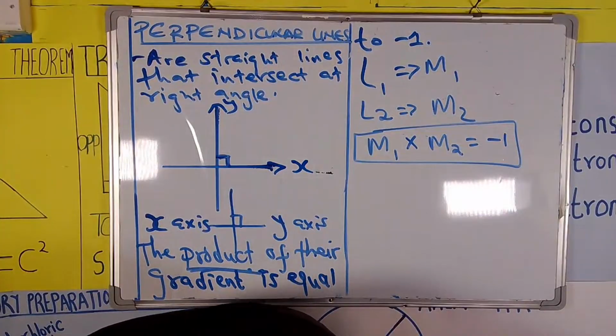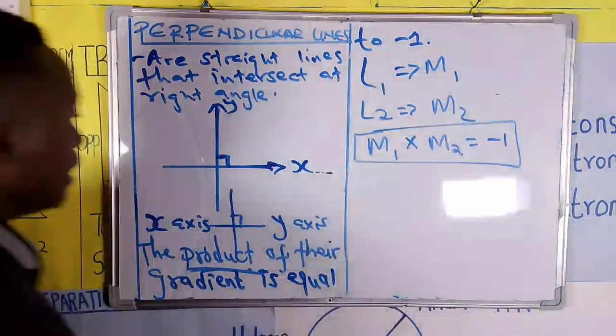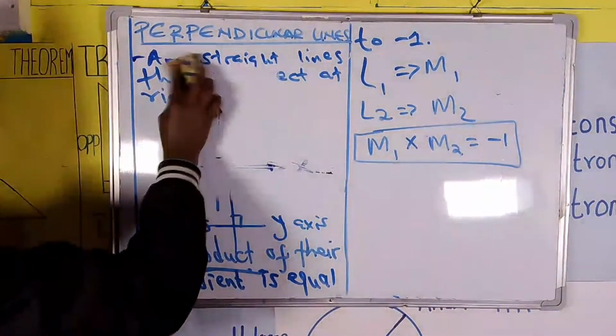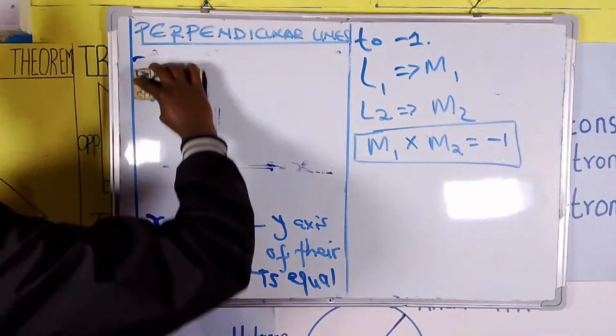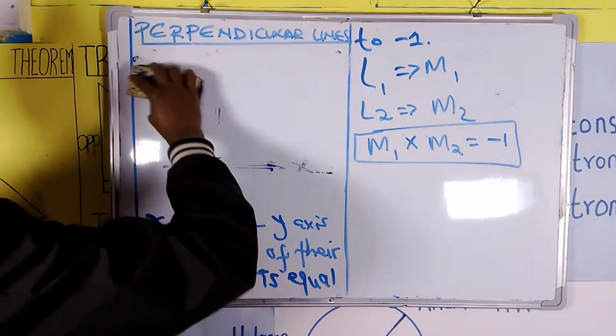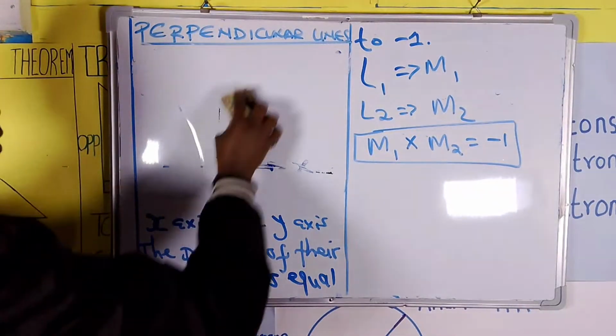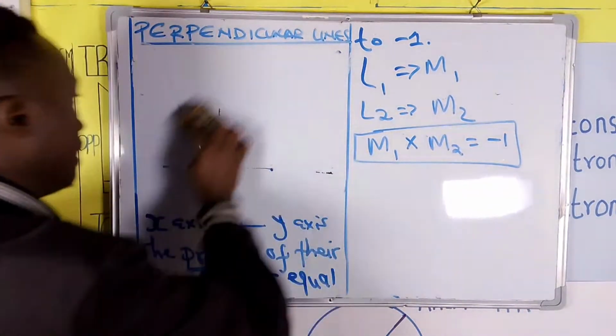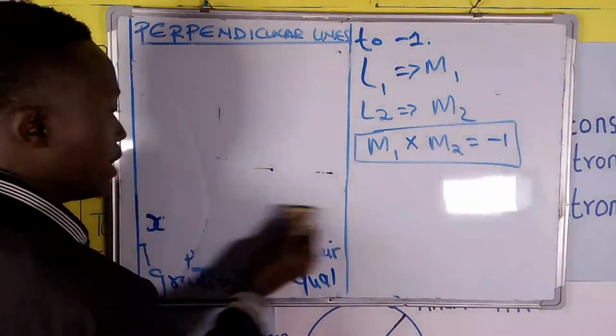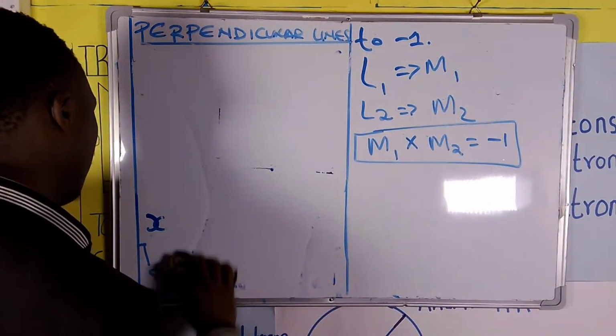But before we respond to some questions related to perpendicular lines, I want us to have a few examples where we can try to determine the gradient of the perpendicular line.